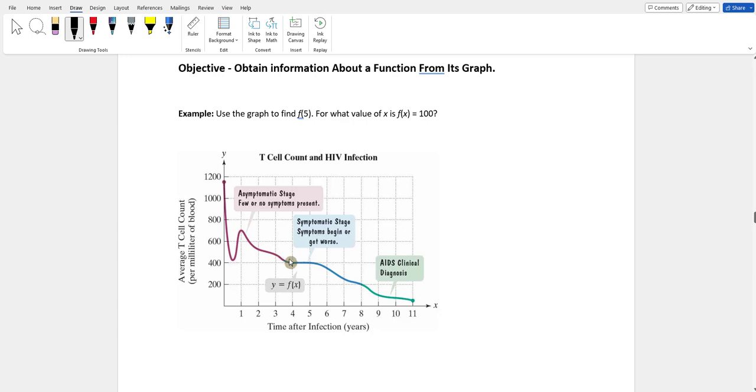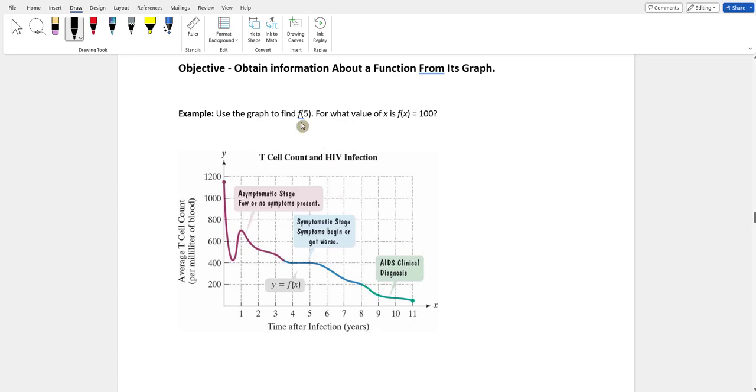And as time goes on, as the years pass on, your symptoms get worse until eventually you get diagnosed with AIDS. Okay, but right now with today's medicine, they know you can live with HIV and likely not get AIDS. So as you can see, at around 8 years, you're diagnosed with AIDS.